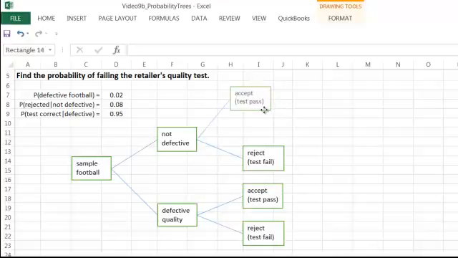Note that when we sketch our tree in this manner, we can arrange the boxes wherever needed and the branches flow with the tree.